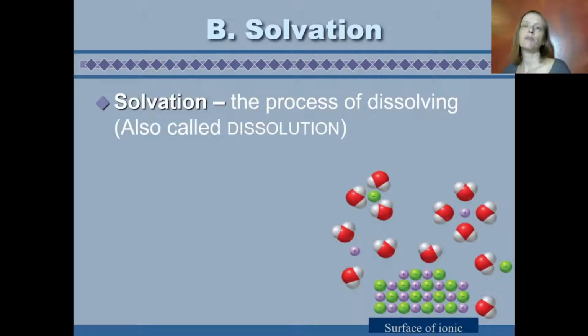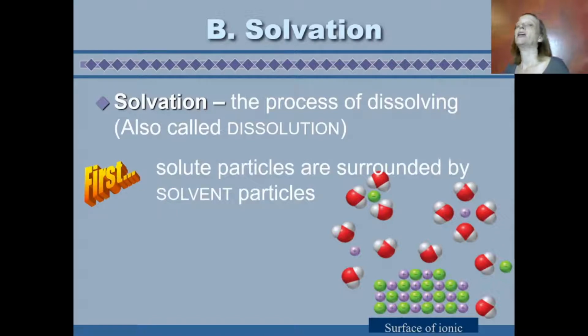Solvation is the process of dissolution, where something becomes dissolved in a solvent. So this process can be called solvation or dissolution. It's the process of dissolving. And when solvation happens, first the solute particles are surrounded by solvent particles. So in this example, water is made up of one red oxygen atom and two white hydrogen atoms.